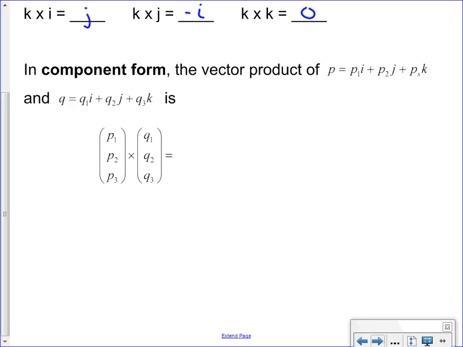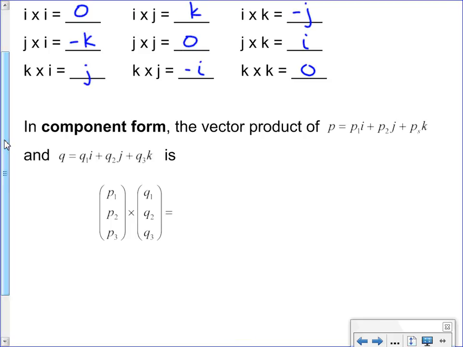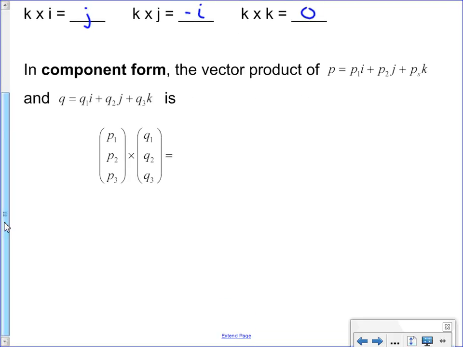So basically, if you take all those values with the negative i, j, and k, the cross product of two vectors becomes, for the i component, P2 Q3 minus P3 Q2. So you go cross here, and subtract.